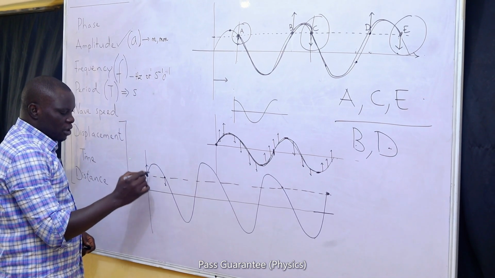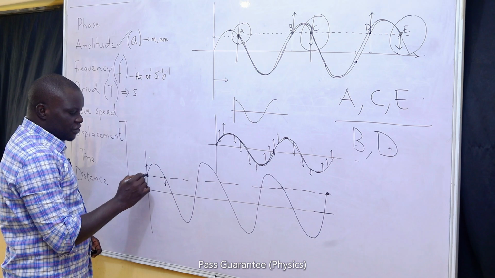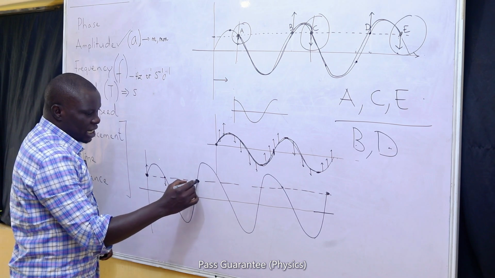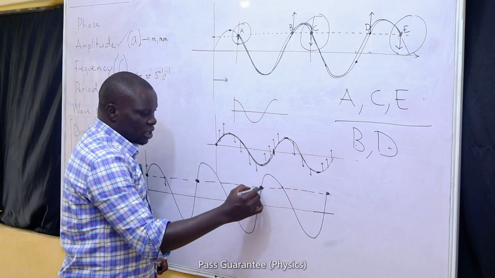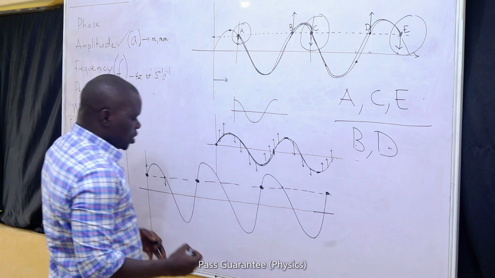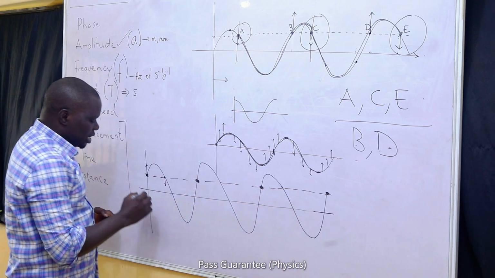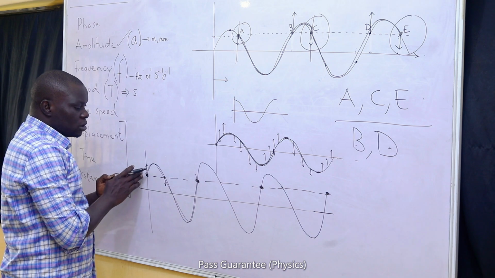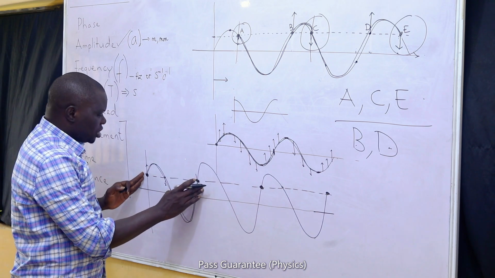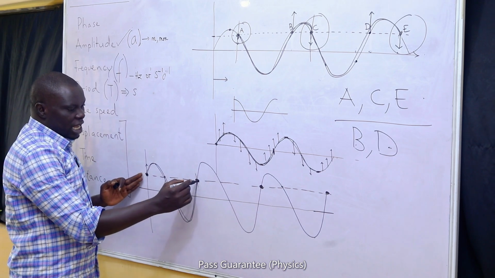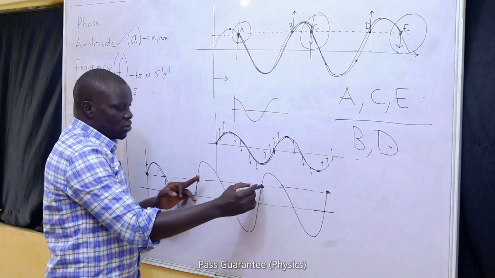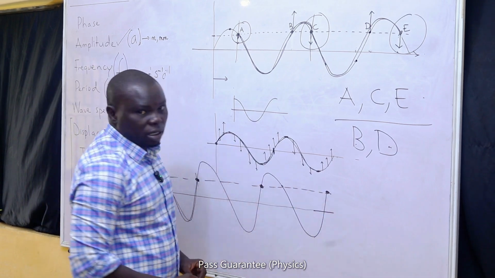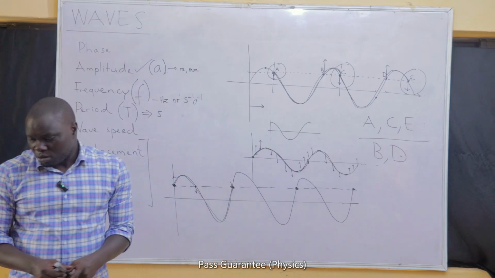This point is moving up, this point is moving down. The next point that is in phase with this is this. The next one that is in phase with this is this. The next one that is in phase with this is this. So when we check all through, we'll discover that we have three cycles, because the pattern from one point to another point that is in phase with it is a cycle. So this is cycle 1, this is the next cycle 2, this is the next cycle 3. And that is how we get the number of cycles.